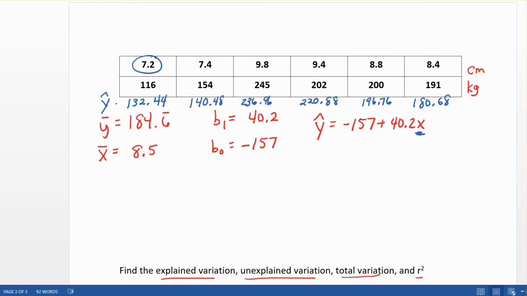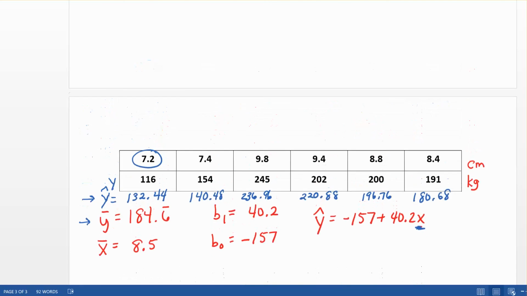These are all of our y hat values. Okay, so these are the y values. They came from the sample. The y hat values are what we get when we plug them into the regression equation, and then our y bar is 184.6.